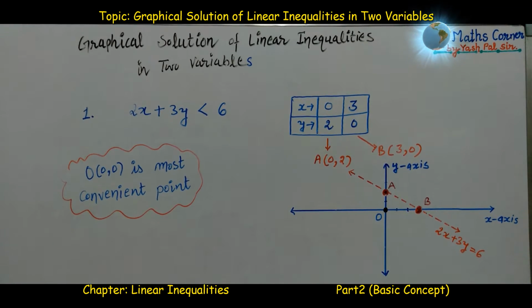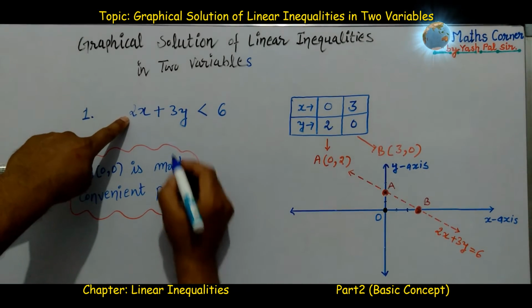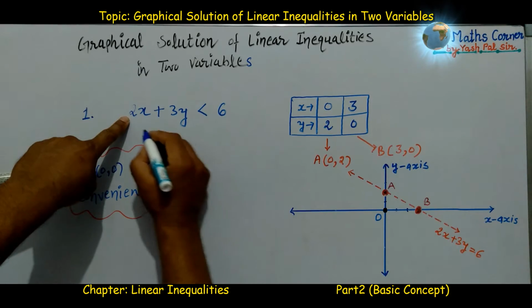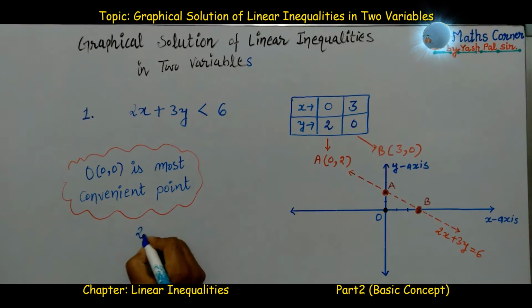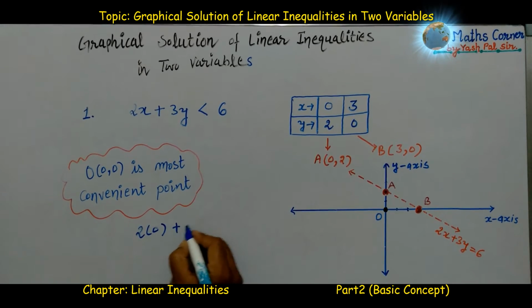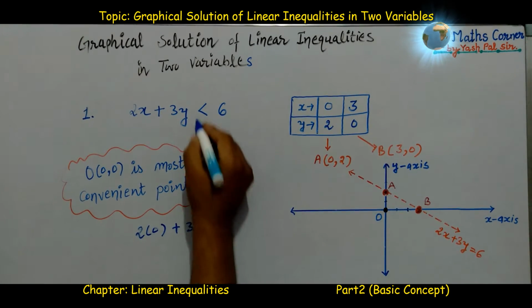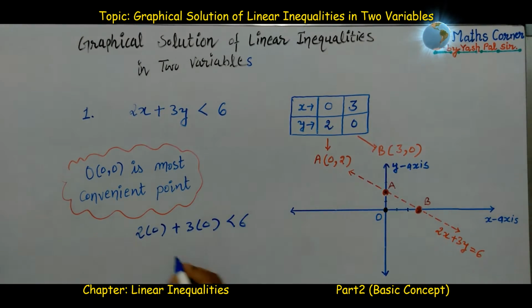So we put x equal to 0 and y equal to 0: 2 into 0 plus 3 into 0 is less than 6. What happens? 0 is less than 6.